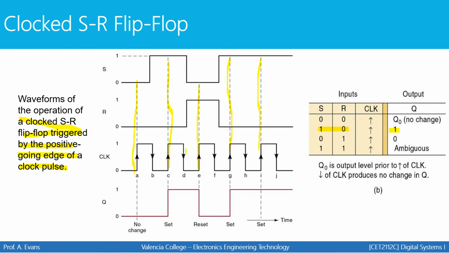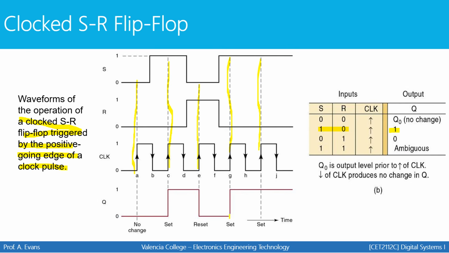Again, we don't care about what's happening at point D because that's not a positive transition. So go to the next positive transition, look at S and R, and identify what should happen next. Here S is low while R is high. That would be the reset state, so the output goes back low at this point in time.